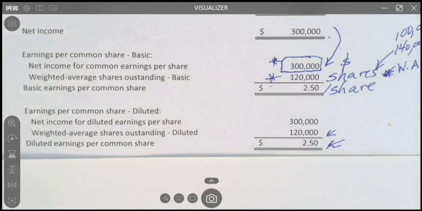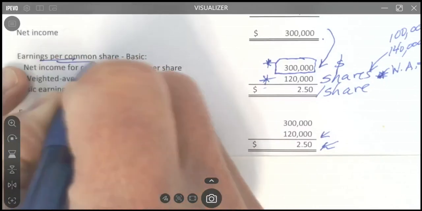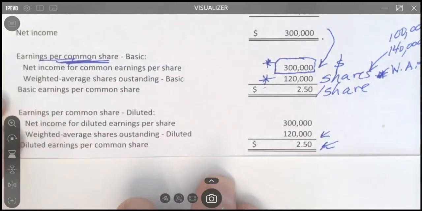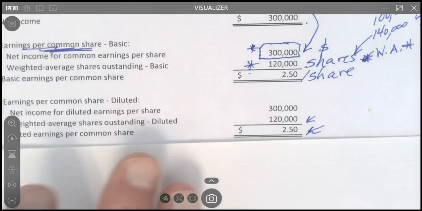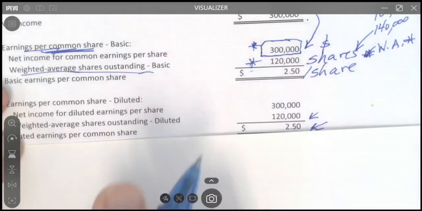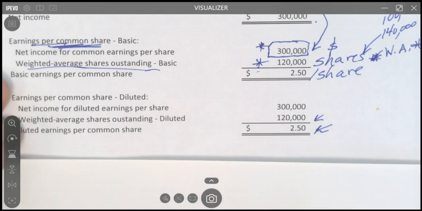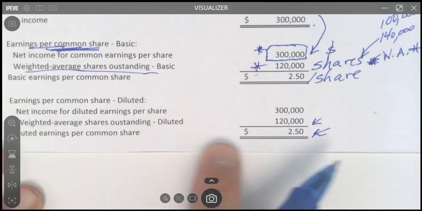That's net income available to the common shareholders, since this is earnings per common share of stock. And the denominator is outstanding shares, but specifically the weighted average shares outstanding, because it changes over the year. And then we would also provide diluted earnings per share.